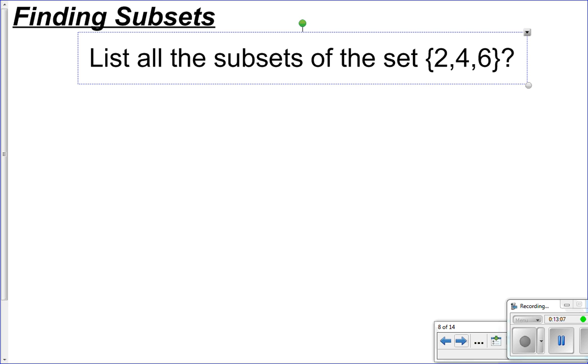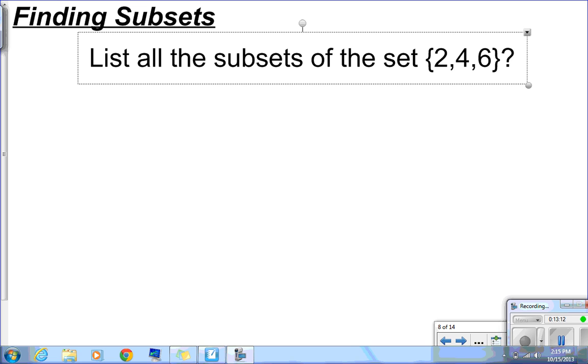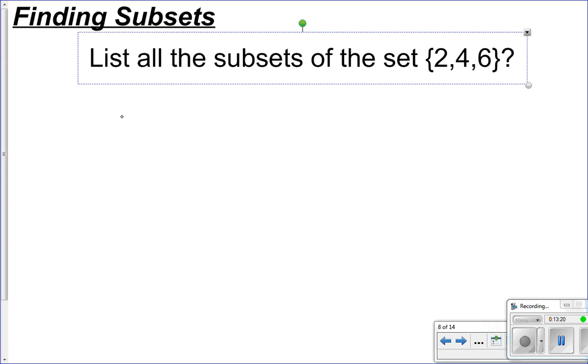So list all the subsets of the set 2, 4, and 6. Let's start with 0 elements, so let's start with the empty set. Now let's start with all the single element sets.